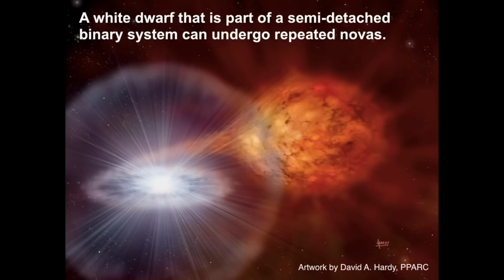And occasionally enough material builds up on the surface of the white dwarf that all of a sudden it explodes catastrophically in a runaway thermonuclear explosion on the surface, because mostly the gas that's falling on it from the red giant would be hydrogen. And so that hydrogen can do thermonuclear fusion on the surface of the white dwarf rapidly and blow material out.